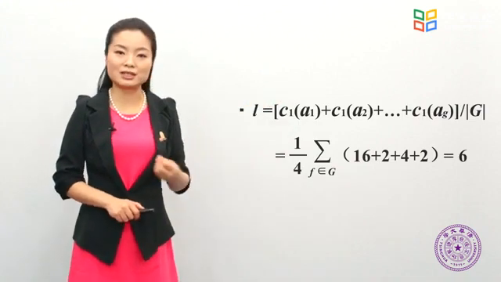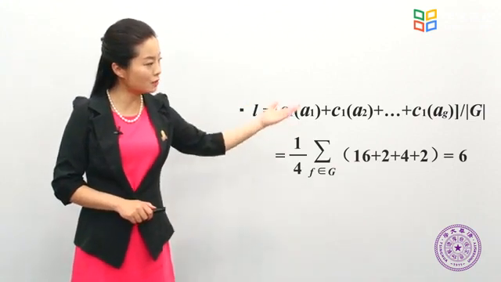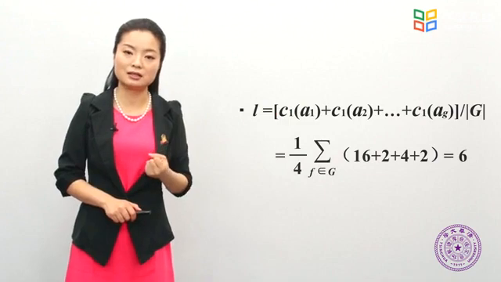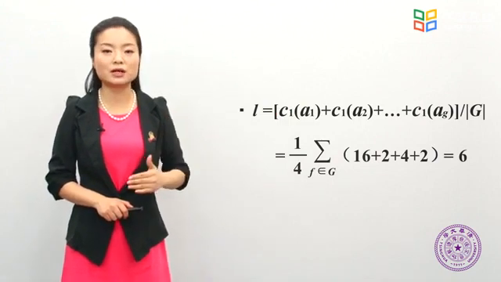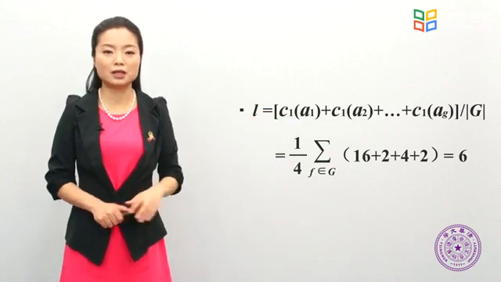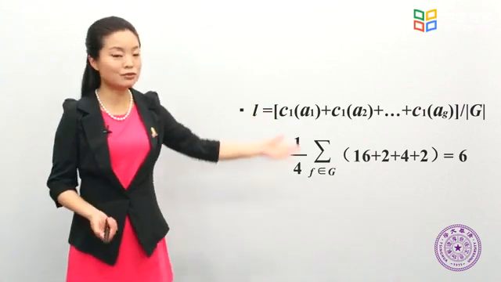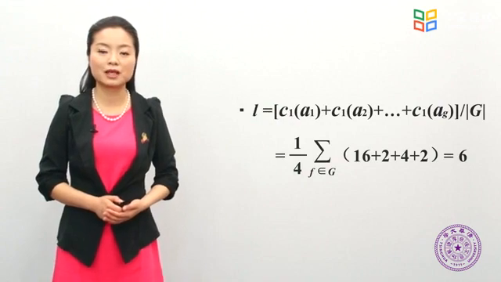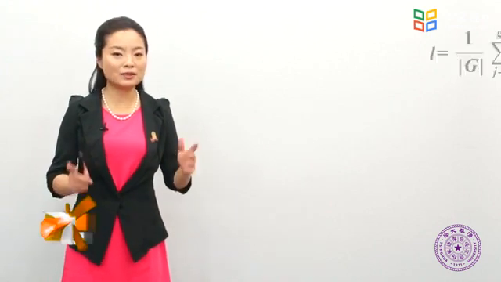Then we bring it back to Burnside's Lemma: adding up all one-order cycles, 16 plus 2 plus 4 plus 2, and dividing by the number of permutations, 4, the answer is exactly 6. It is the same as what we enumerated.